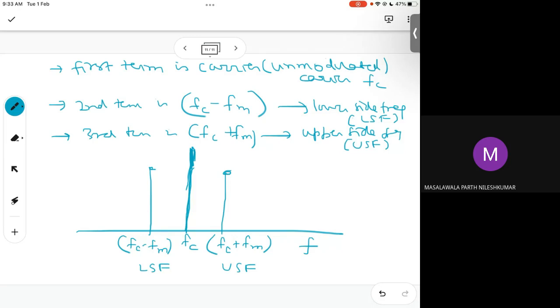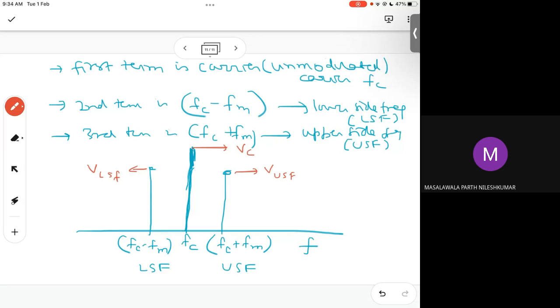So this is how we get the frequency spectrum. And that is my expression for this AM signal, how we got it. So obviously, in this case, amplitude wise, this has got the amplitude of VC, which is nothing but the amplitude of the carrier. But this is what we call V upper side frequency and V lower side frequency.